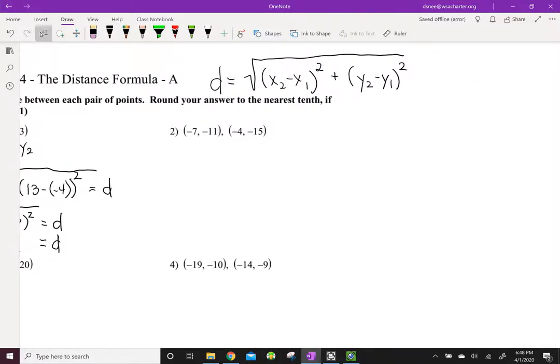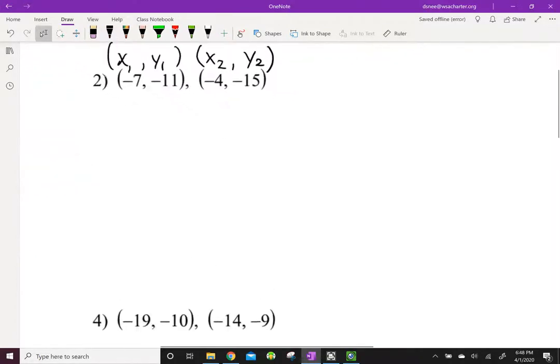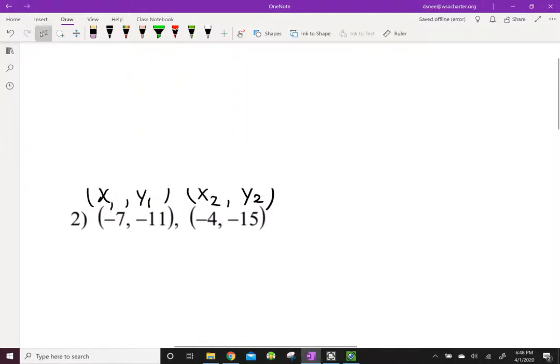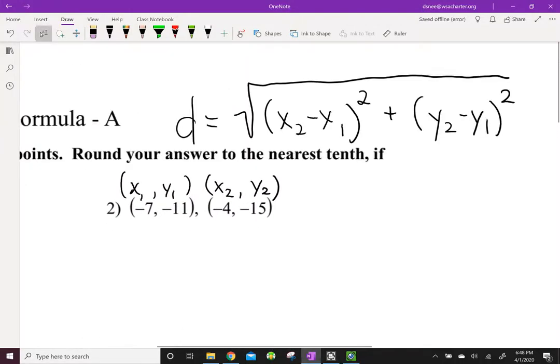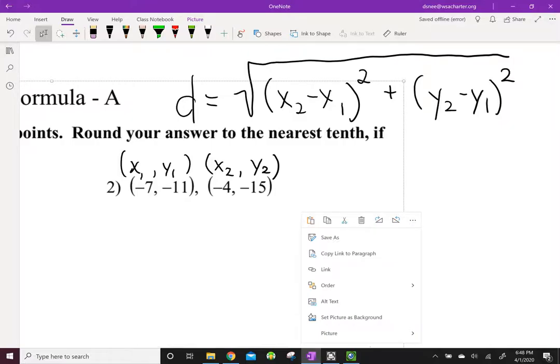Okay, the next one, we're going to do the same thing. I'm going to label these points x1 and y1 and x2 and y2, right? Those are my 2 points on the coordinate plane. Okay, and now let's see here. I'm just going to plug those values into that equation.